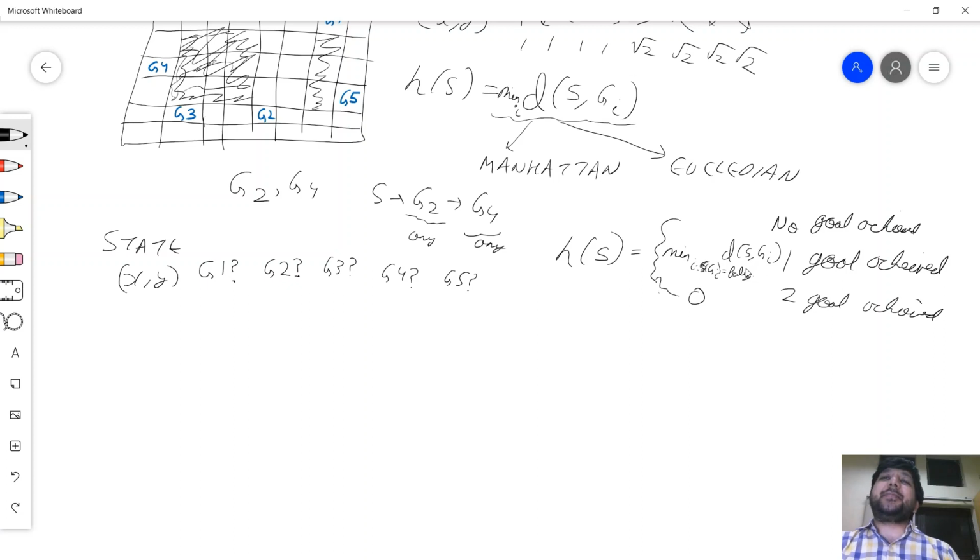And if no goal has been achieved so far, then it's more interesting. That means from the source you need to go to some GI which has not yet been achieved, and then you need to go to some GJ which has not yet been achieved.